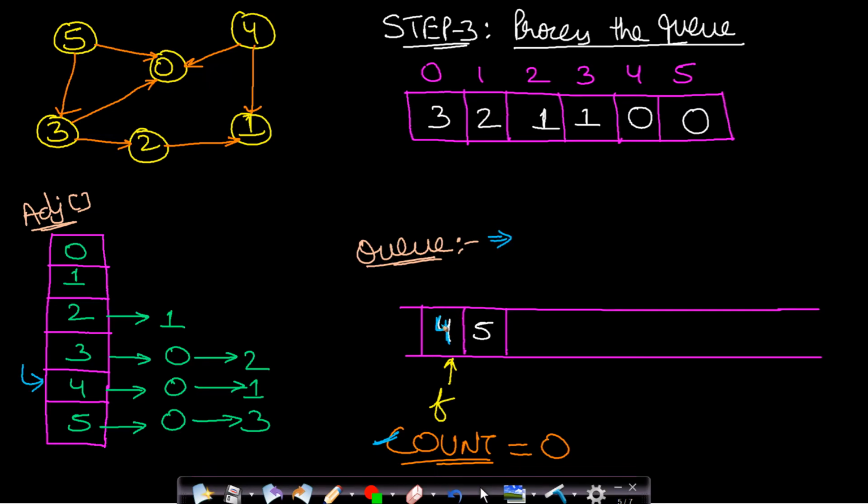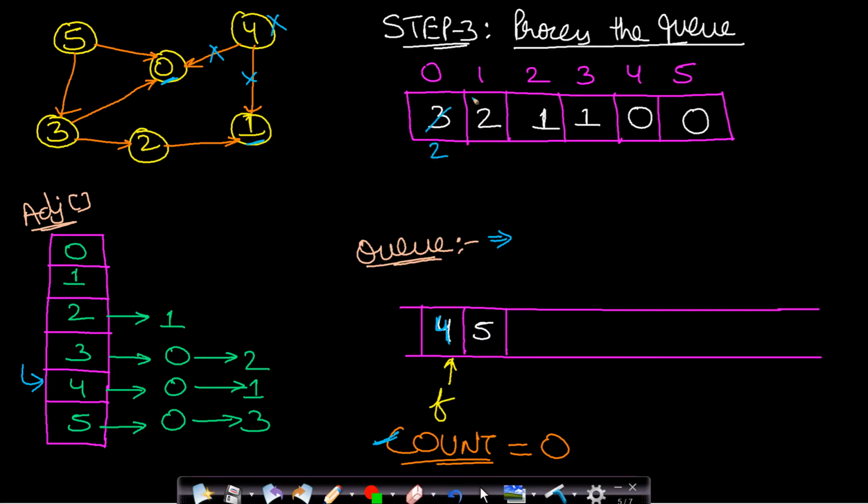Processing here basically means that we will be removing this vertex from our graph. So when we remove vertex 4 from our graph, these two edges will be gone. Therefore the in-degree of 0 and 1 will both be decremented by 1. The initial in-degree of 0 is 3, so it will become 2.